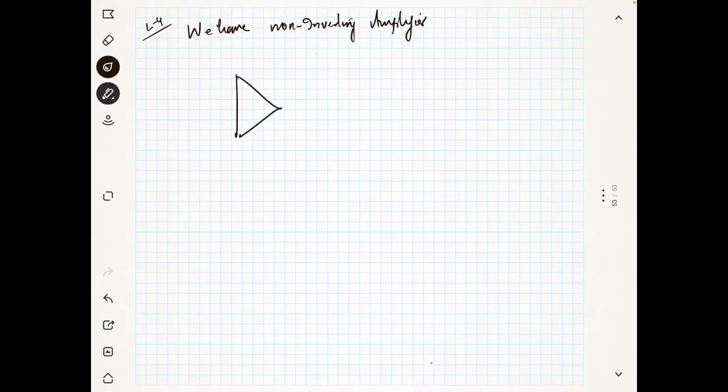So we will continue our discussion on the non-inverting amplifier. This is the circuit that we have seen. This is plus, and here the voltage is V in, and this is V out.